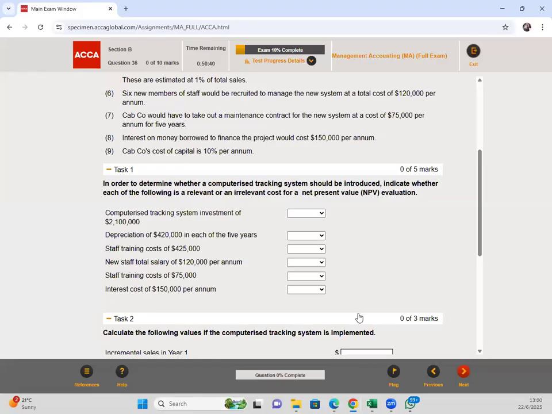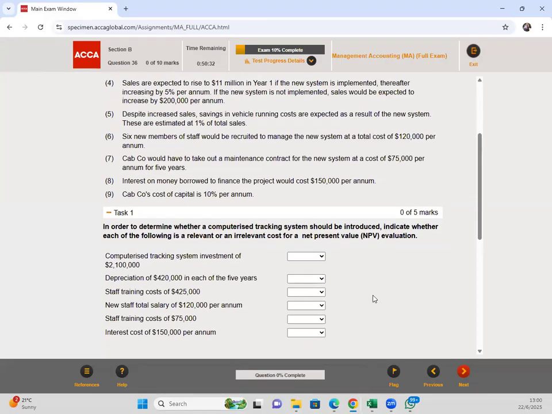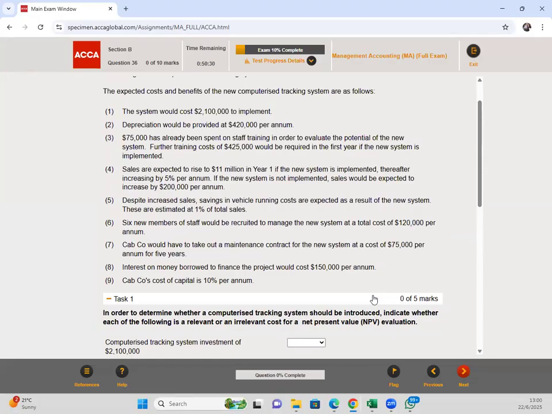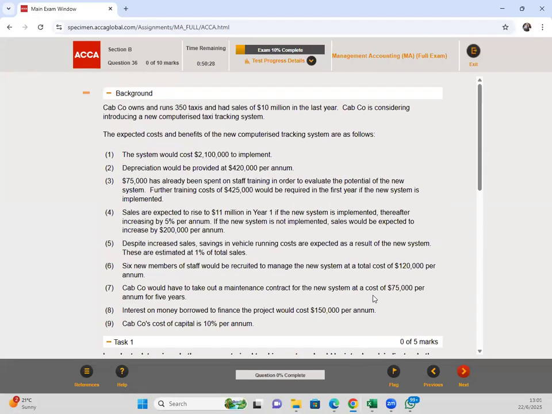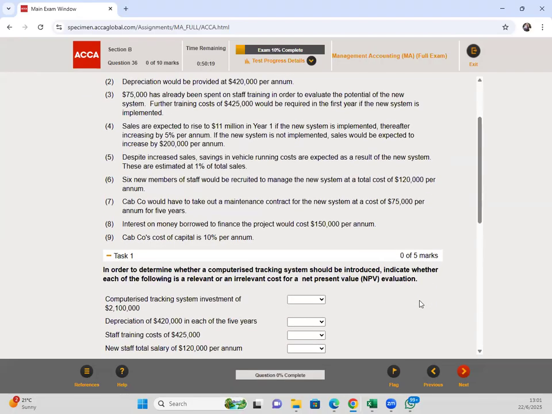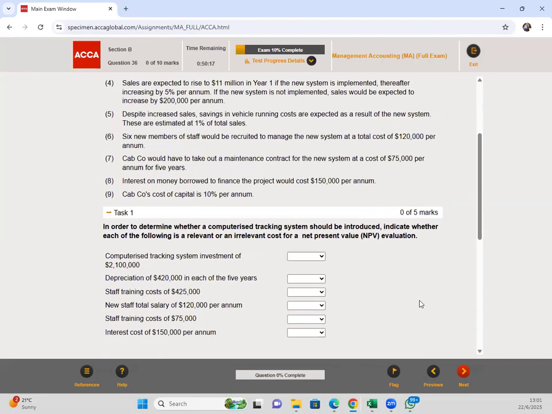So if we go to the first one, computerized tracking system investment of 2.1, is this relevant or not? So we want to make the decision of this new computerized tracking system. The system would cost 2.1. Is the 2.1 relevant or not?